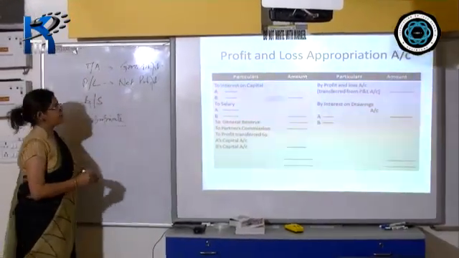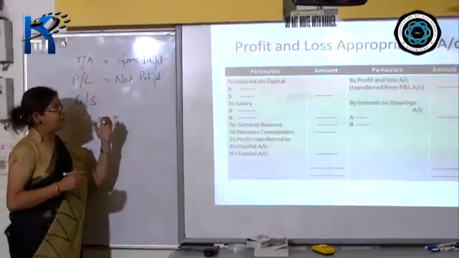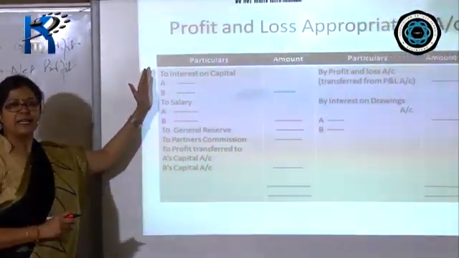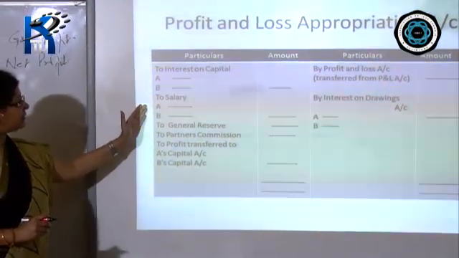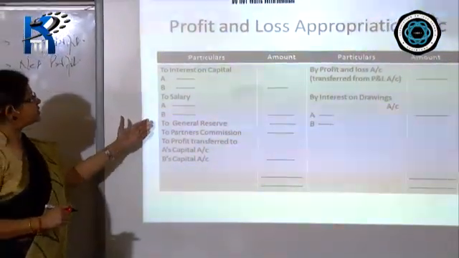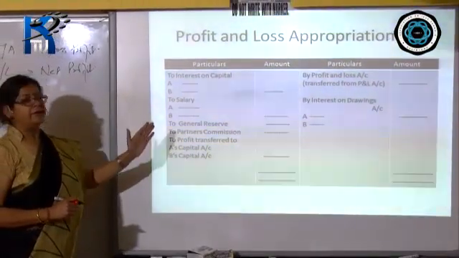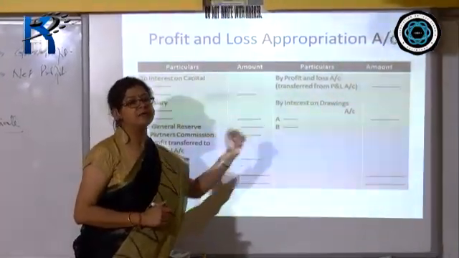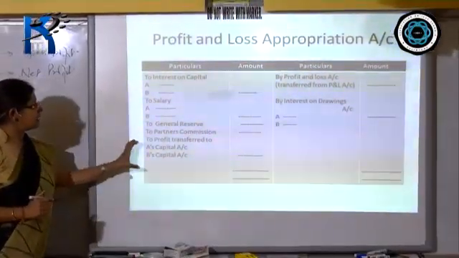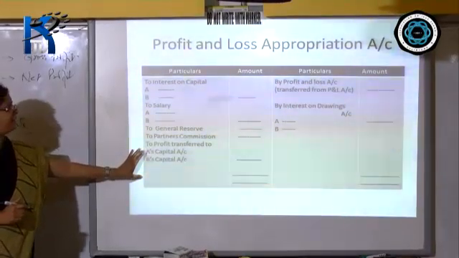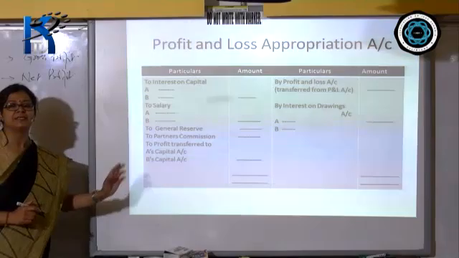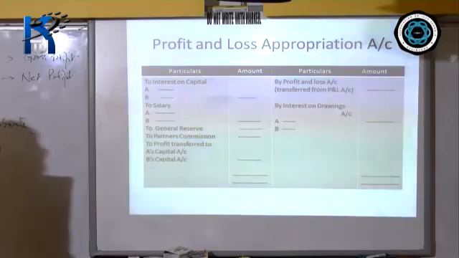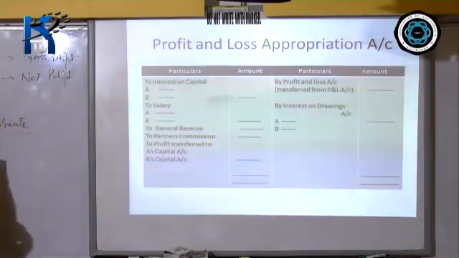Out of the profits which the partnership firm earns, the profit gives interest on capital, the profit gives salary, from the profit we transfer amount to the general reserve, we give commission to the partners, and we charge interest on drawings from the partners. And ultimately, whatever is left towards the end is transferred to the partners' capital in the proportion of whatever ratio has been agreed upon, or in case there is no ratio, it has to be shared equally.